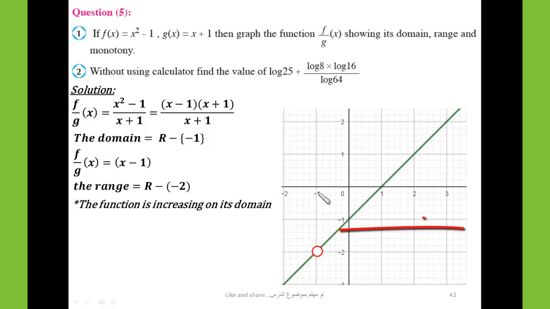As x is increasing, y is always increasing. So the function is increasing when x belongs to R, all the set of real numbers except -1.